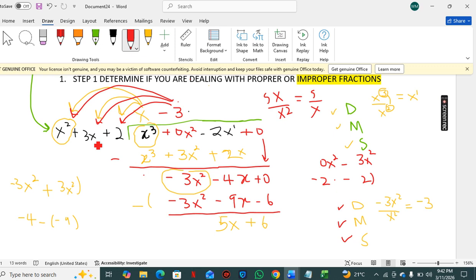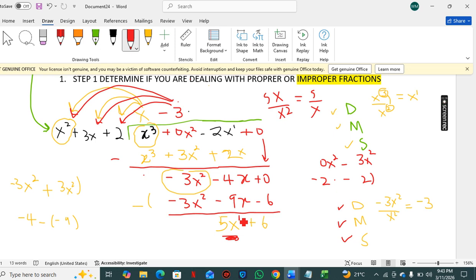So when you stop is when the leading term, have you seen this 5x? Leading term, when its power is less than the leading term for the divisor. Have you seen, this is to the power 2, this is to the power 1. So you know that, okay, I need to stop here.